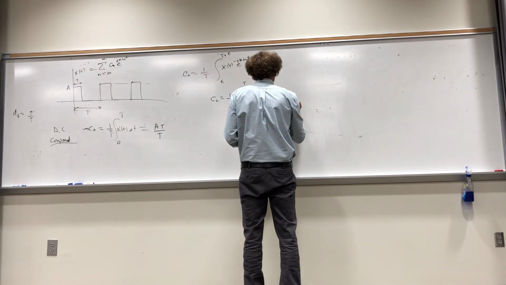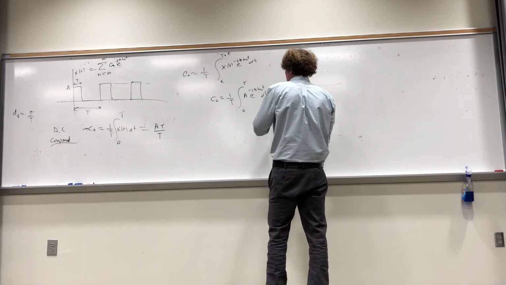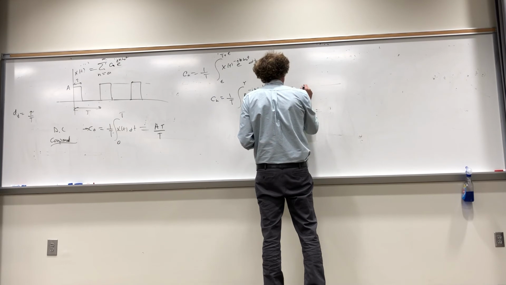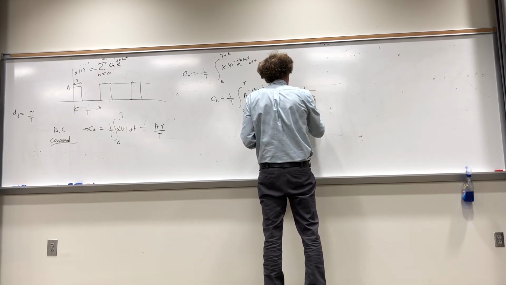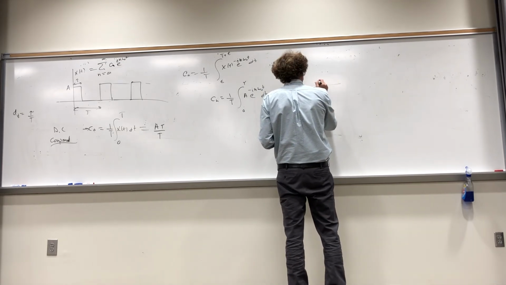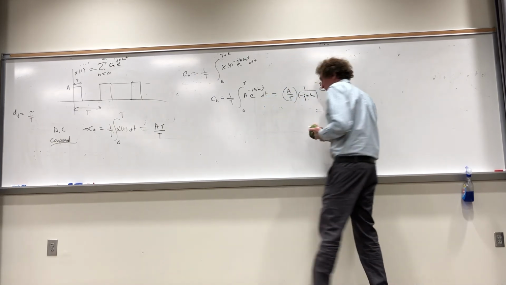And that's going to be what? A over capital T, right? Integrate e to the minus j n omega naught t dt. I get 1 over minus j n omega naught here. Then I have to evaluate e to the minus j n omega naught t from 0 to tau. Correct, class? Right?